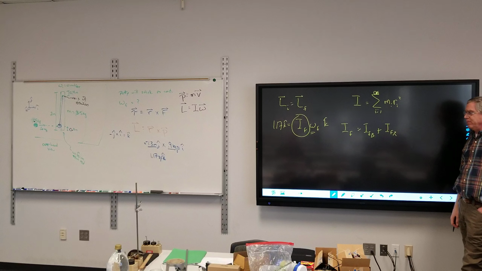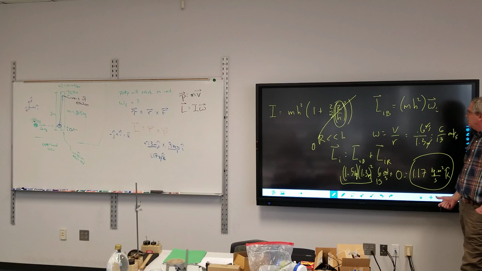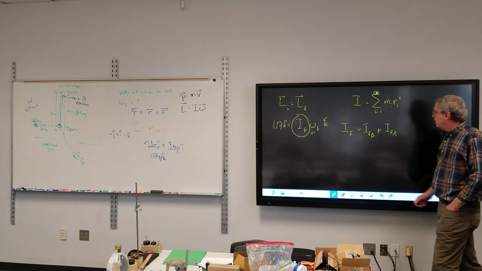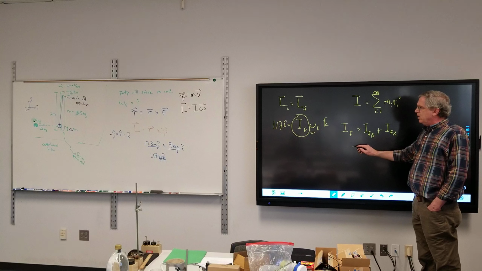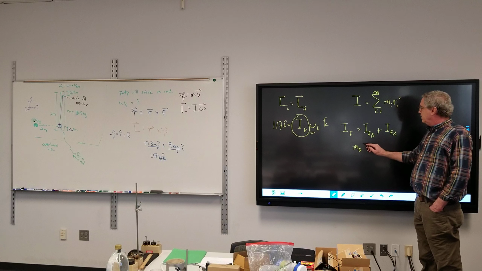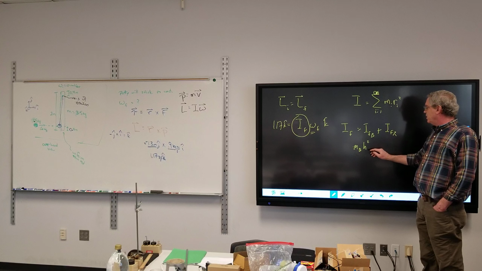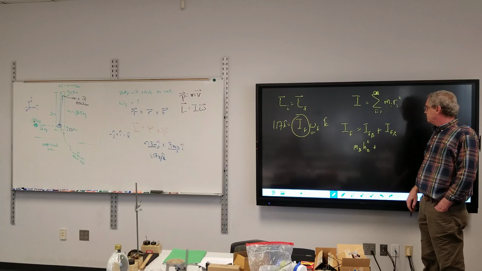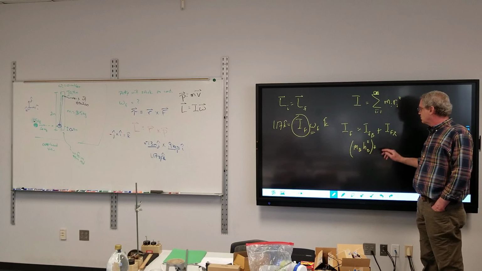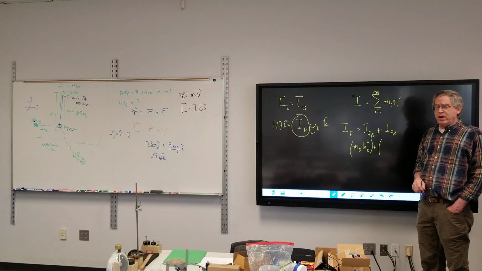I final of the ball is whatever we had before. We didn't actually calculate it. So this is going to be the mass of the ball times the distance we move the axis squared for the ball, plus that for the rod.